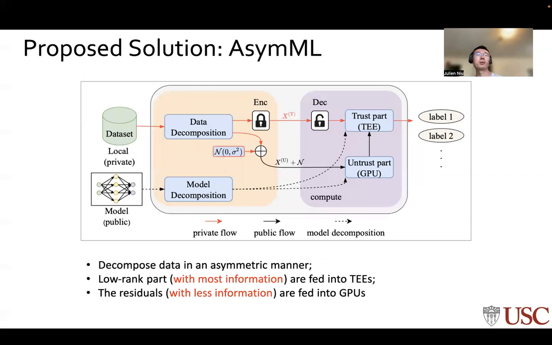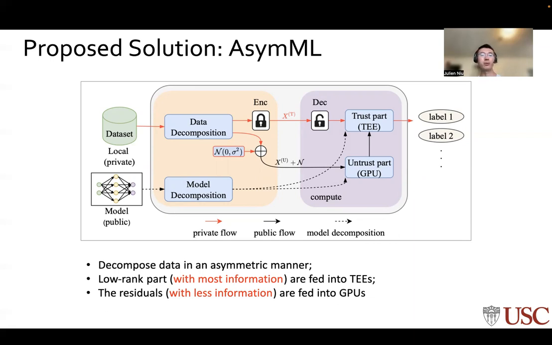Here we are proposing a method to leverage TEEs and GPUs to achieve both privacy protection and computing performance. The basic idea in our method is that we first have an asymmetric decomposition framework to decompose the data into a low-rank part and the residuals. The low-rank part has most of the information about the dataset, but the computation involving it is very light.